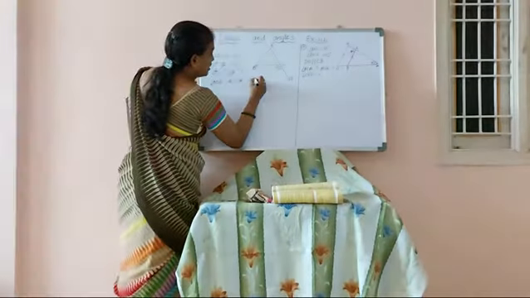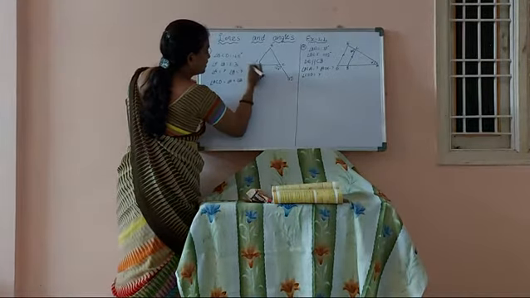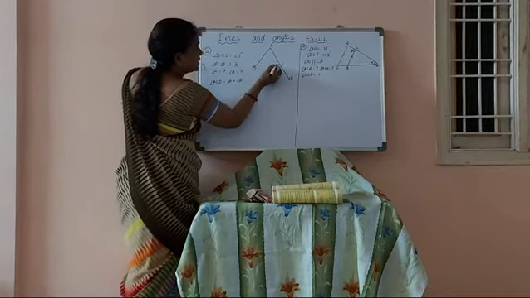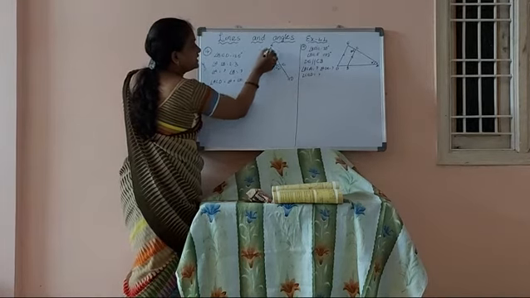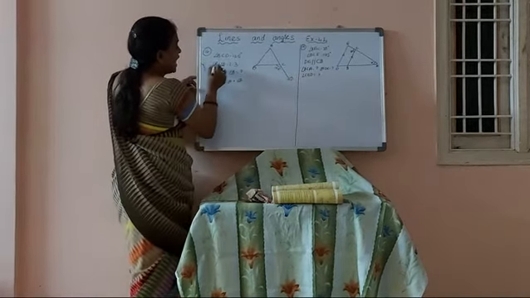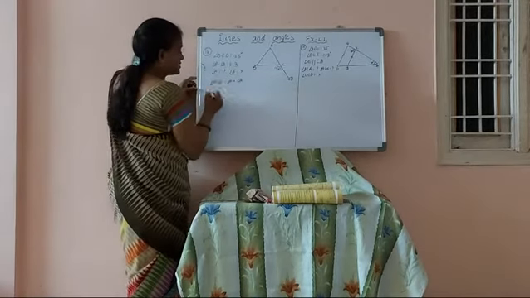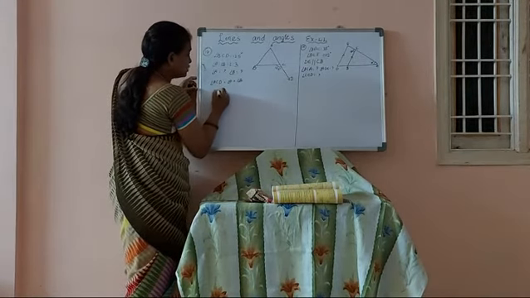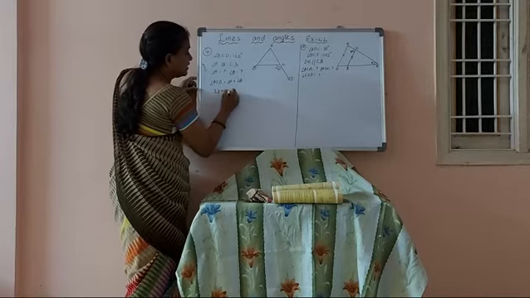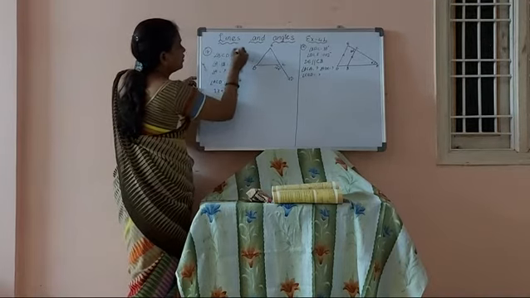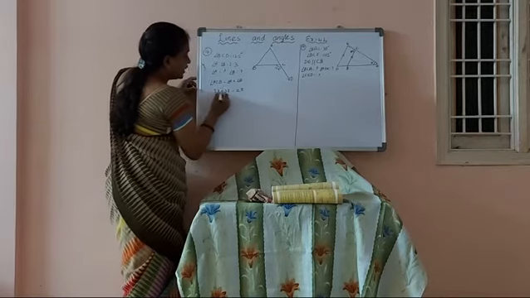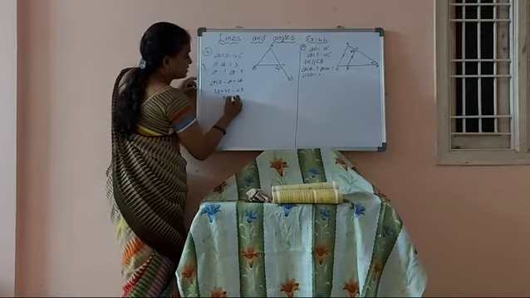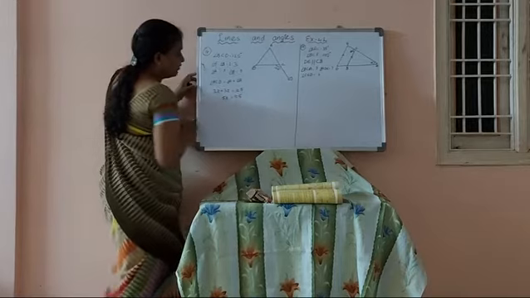Angle A is to angle B is 2 is to 3, so 2x plus 3x is equal to 125. So 2x plus 3x, 5x, is equal to 125.